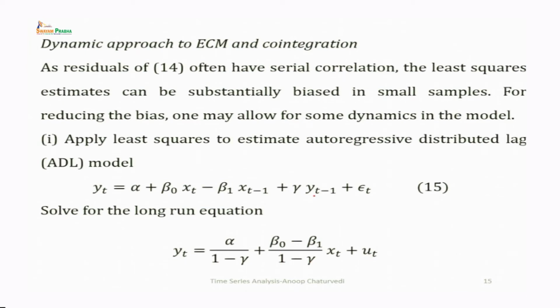You simply write y t minus 1 equal to y t, take this term towards the left hand side. So, you get 1 minus gamma y t equal to alpha plus beta naught minus beta 1 x t plus epsilon t, and then finally, you get this equation. So, this is the long run equation.